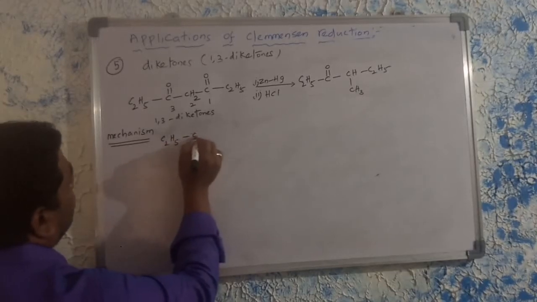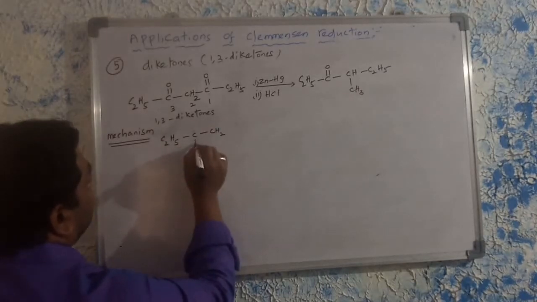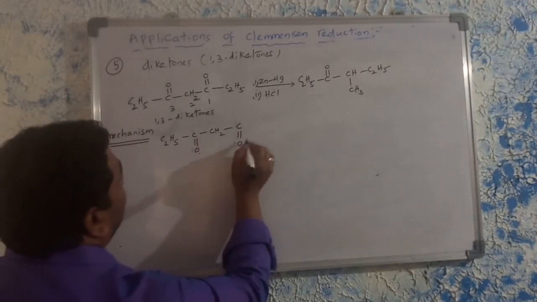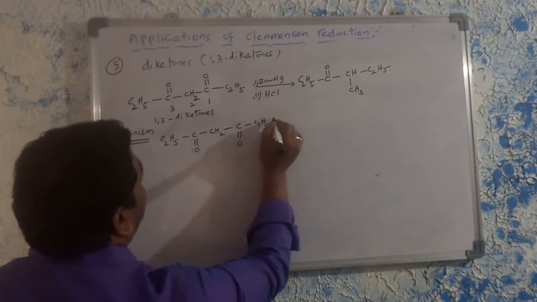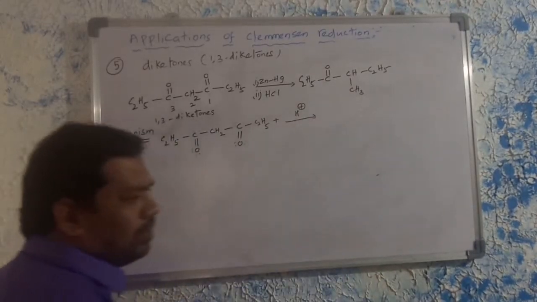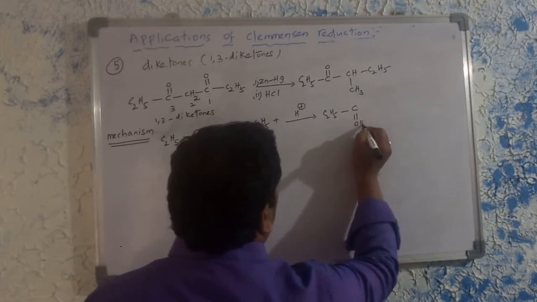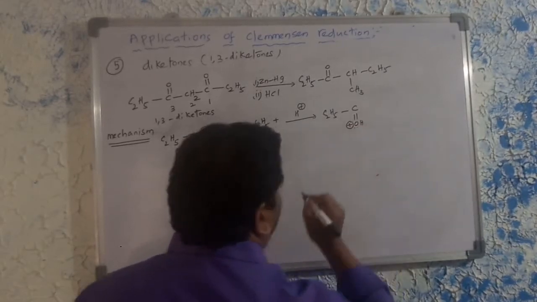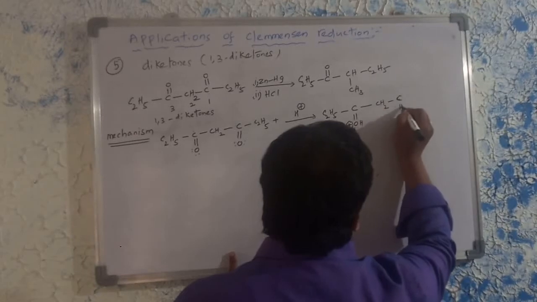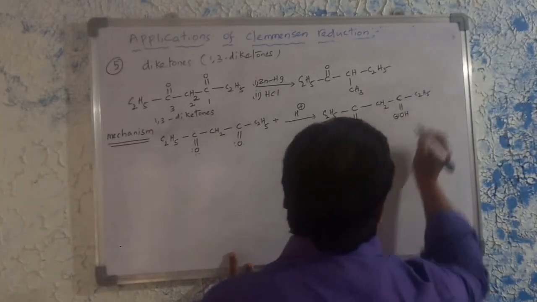C2H5 C double bond O CH2 C double bond O C2H5, reacting in the presence of H plus, gives C2H5 C double bond OH plus CH2 C double bond OH plus C2H5.